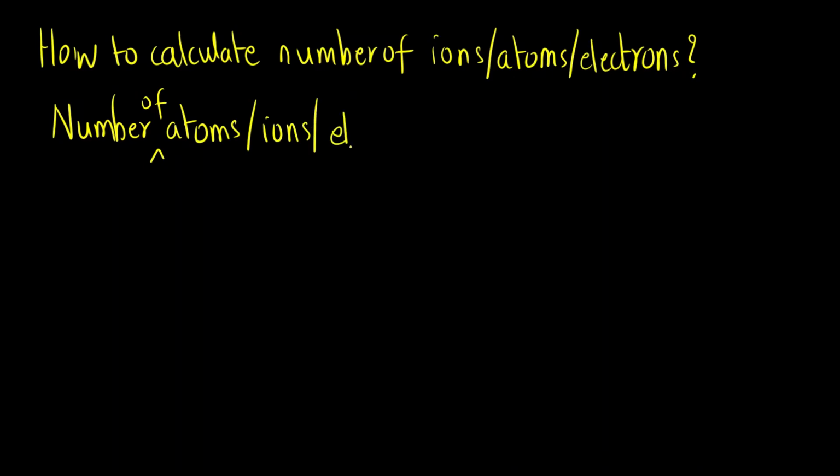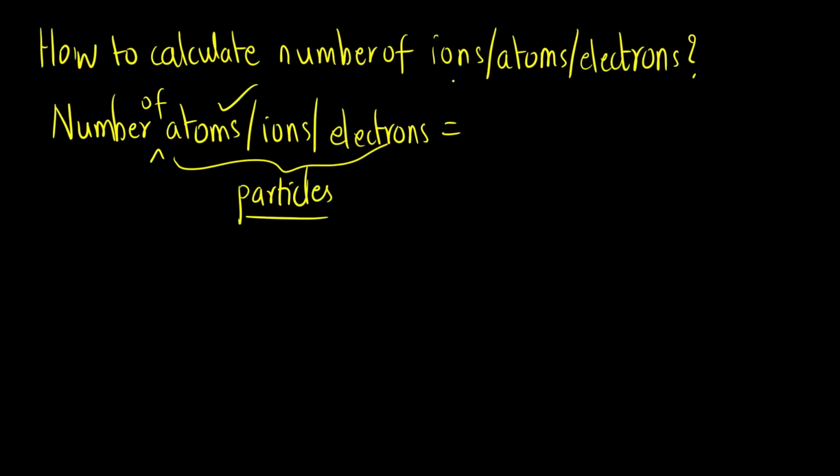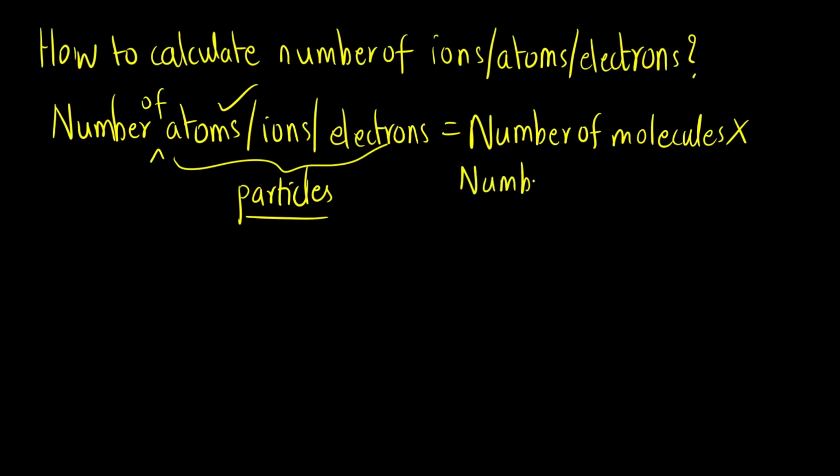Let us call all these species particles here. So suppose we are considering the number of atoms. The formula is number of molecules into, if you are counting the number of atoms, the number of atoms in one molecule.